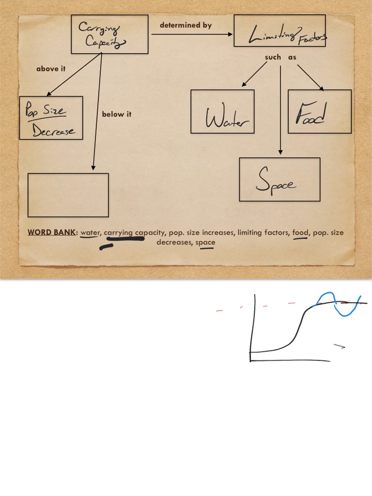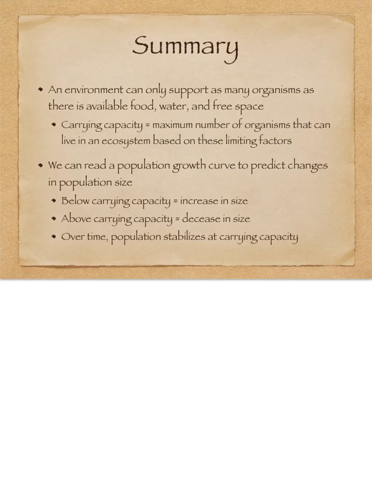That's the point there. So that's how I would use these vocabulary words and this word bank to fill in this flowchart. All right, so hopefully you understand that concept.